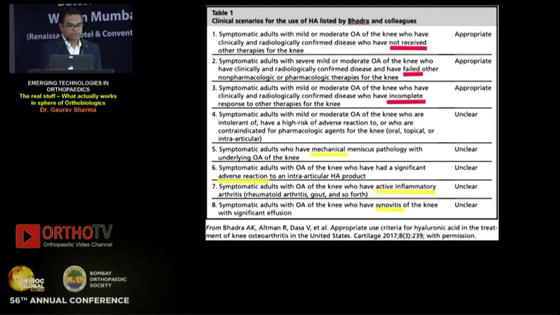Now, there was a study by Bhadra et al. and colleagues, and what they did is they did a survey amongst sports physicians, orthopedic surgeons, physiotherapists, and nurses, and they came up with these 8 clinical scenarios.